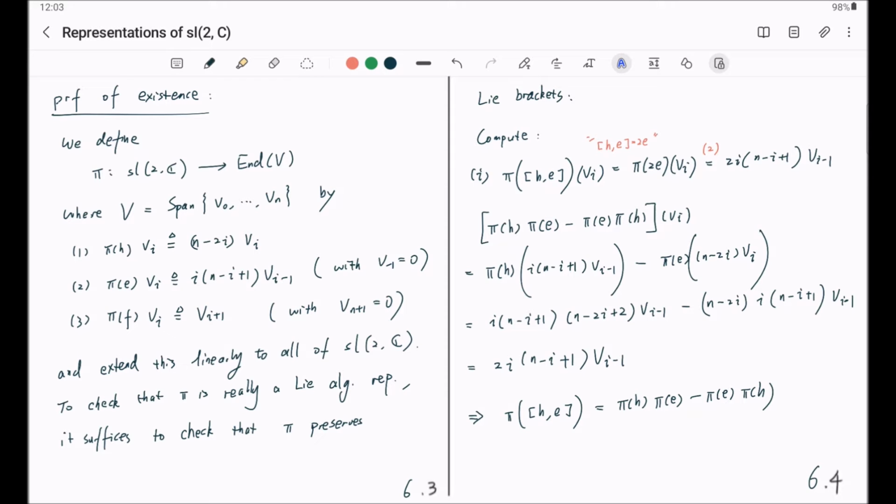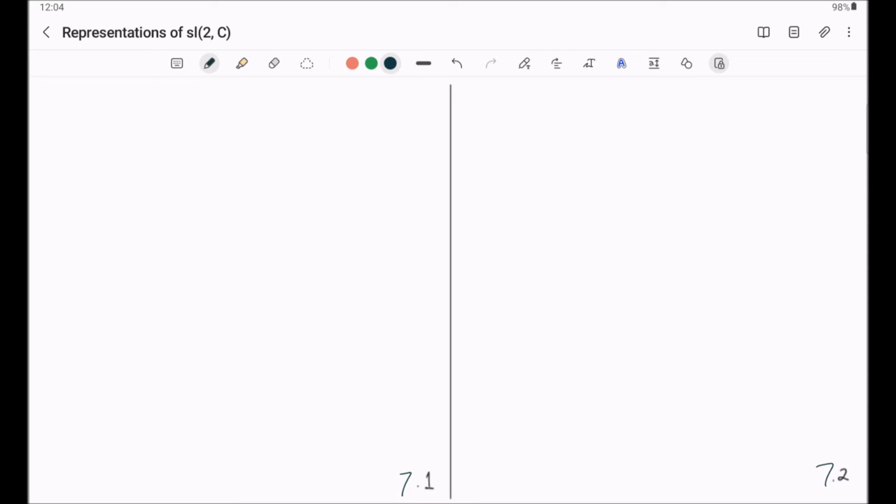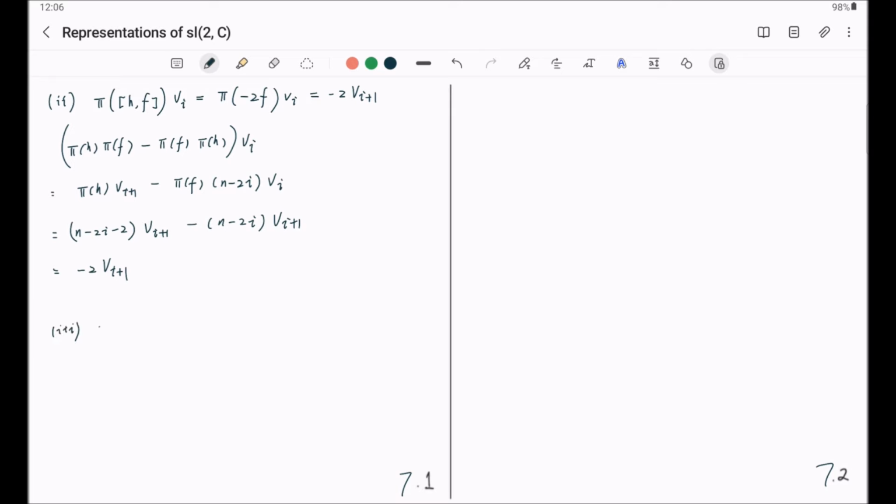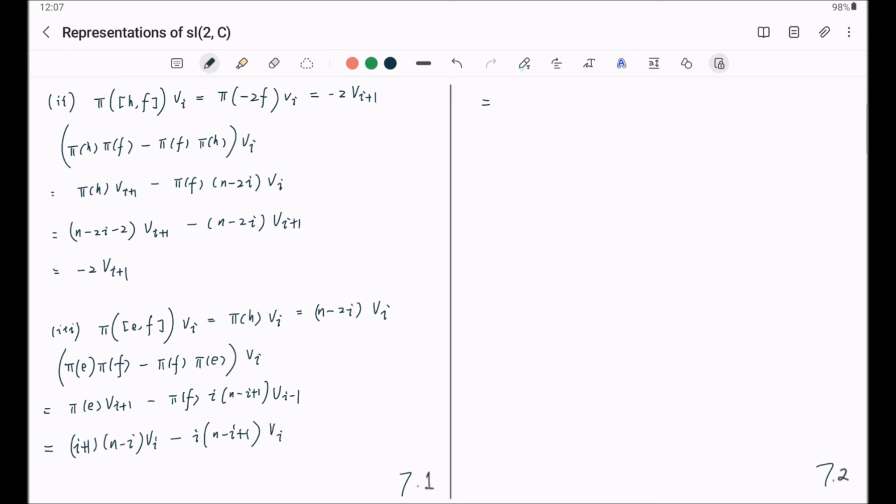Now we're going to check the other two Lie brackets. I suggest you pause this video and compute it on your own, but I will give you the details anyway. So here are the computation details. So we have verified that pi preserves h Lie bracket f and pi preserves e Lie bracket f.